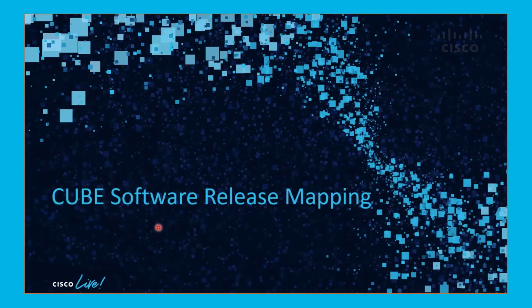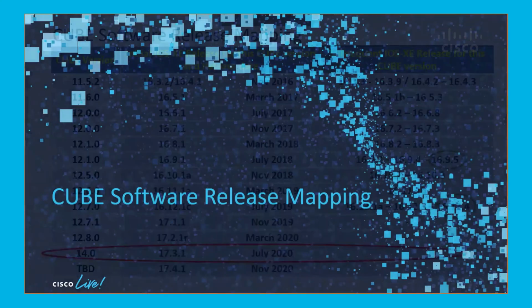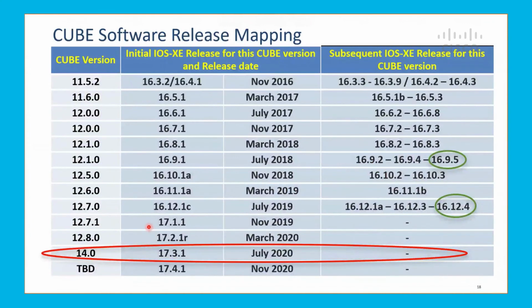From a Cube software release standpoint, Cube is embedded into the iOS XE code, meaning if you want to get to a certain Cube version, you have to upgrade or downgrade the iOS XE release. We still follow the three-release cycle: March, July, and November. July releases are the ones we like to refer to as the long-lived releases.